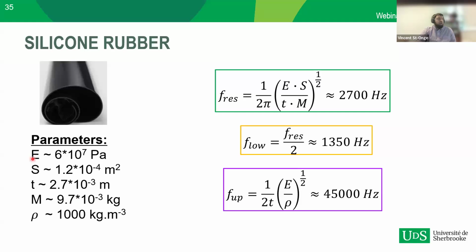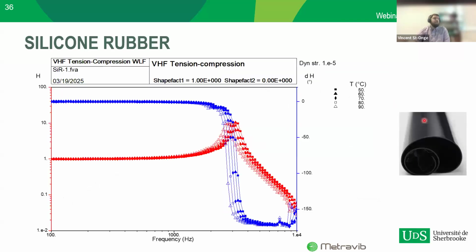As you see here, the Young modulus was a bit lower than on the previous one, and by doing so, we expected to have the resonant frequency about 2,700 hertz, and the upper limit would be 45,000 hertz, again, very far from what the instrument can provide us, showing again that the upper limit is not the limiting factor. Here, it's really the lower limit and the resonance frequency.